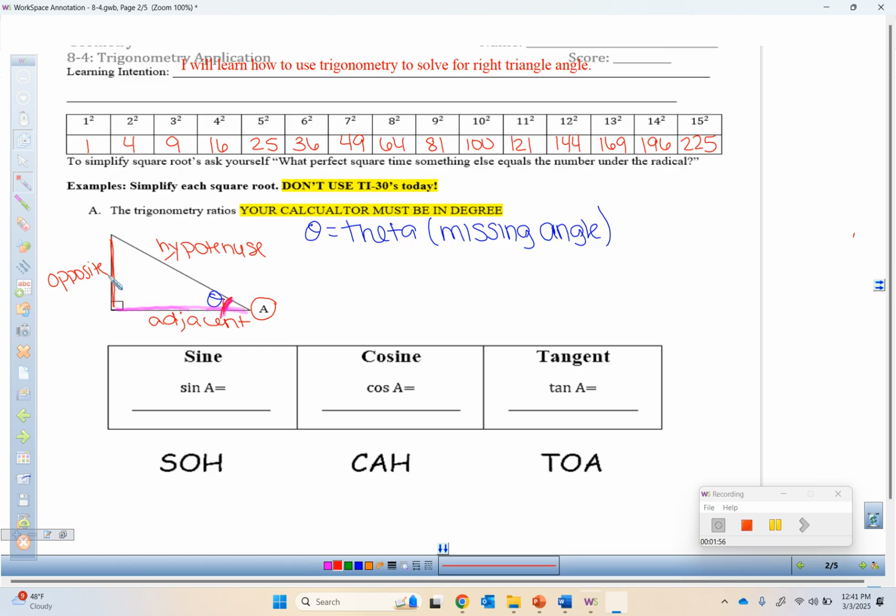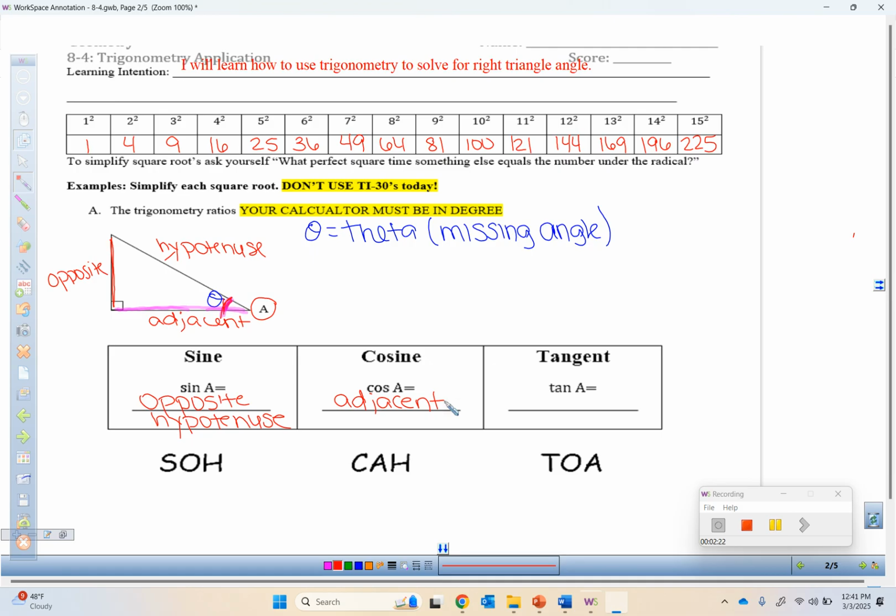Okay. So we're going to come down here. As a review, sine is opposite over hypotenuse. And cosine, yeah, this part is review. That is correct.